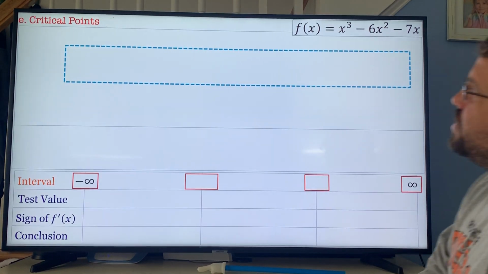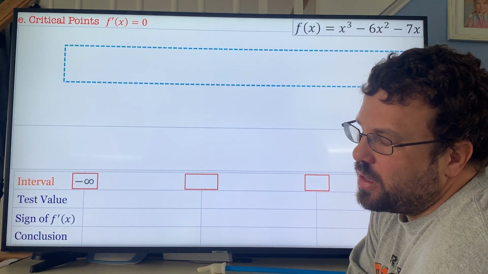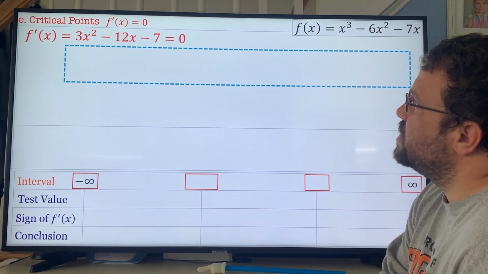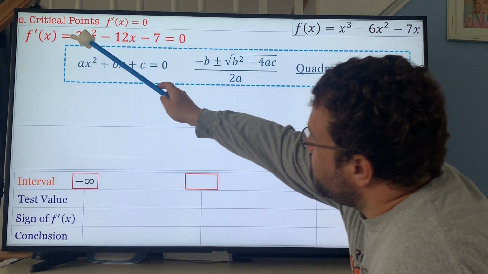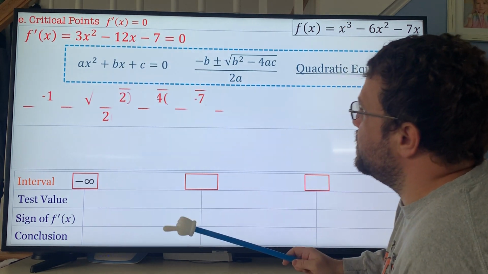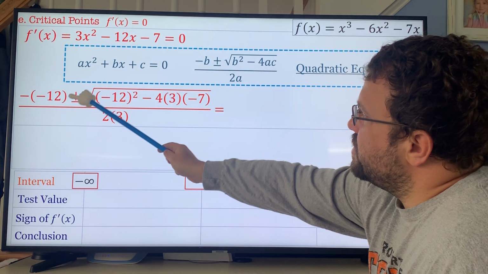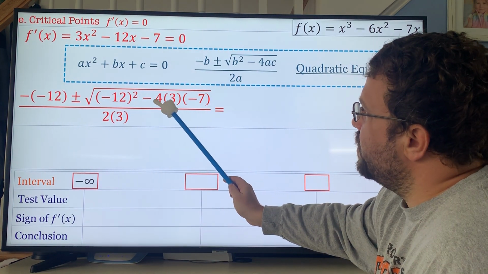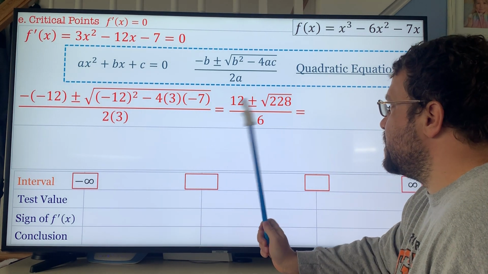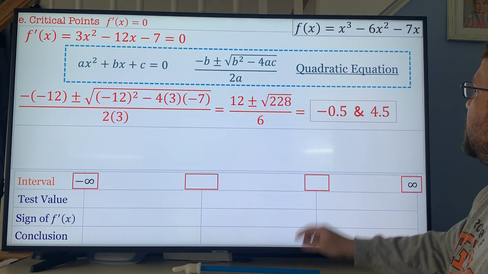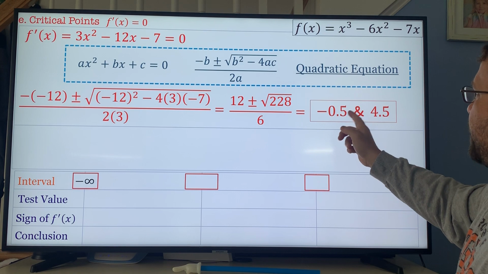All right. Critical points. You are going to have to use the quadratic equation here, so it is going to take a little bit longer. You derive this equation. A, B, C. So this becomes 12 plus or minus the square root of 144 plus that, over 6. Two answers, -0.5 and 4.5.